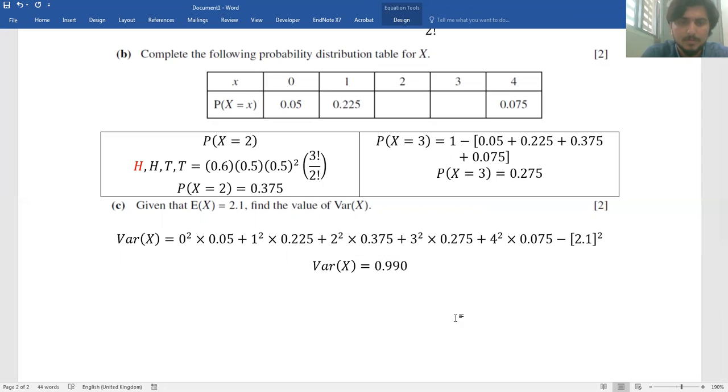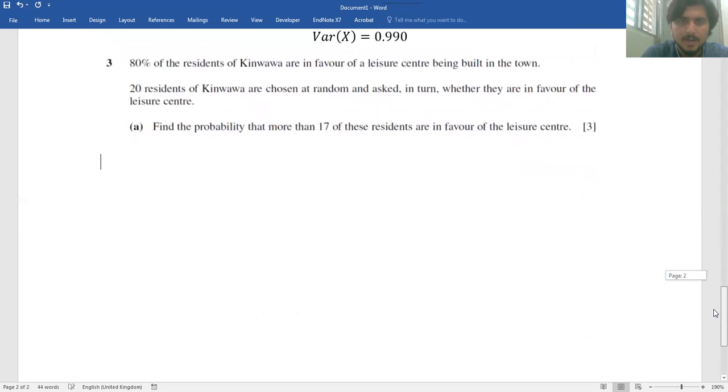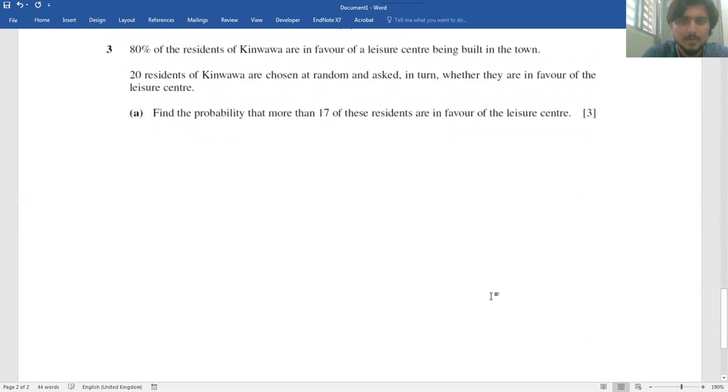Okay, class. Moving on. The next question that we are looking at is: 80% of the residents of Kinwa are in favor of a leisure center being built in the town. 20 residents are chosen at random and asked in turn whether they are in favor.